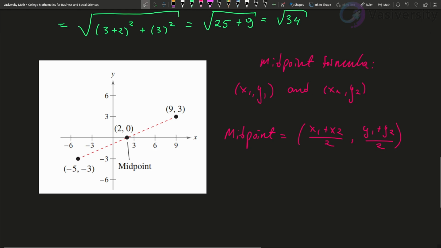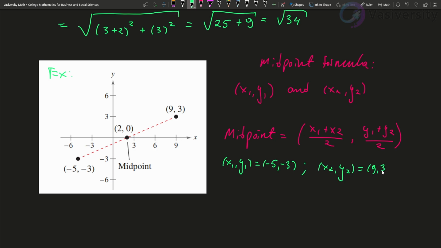Okay, so let's have an example of a midpoint, and specifically, we can check that it's the case for this problem. My x1, y1 is equal to -5, -3. x2, y2 is 9, 3.